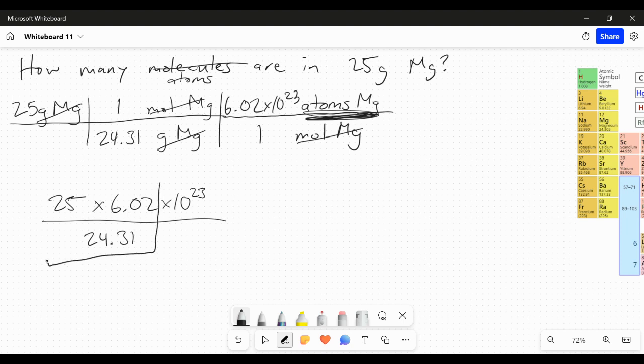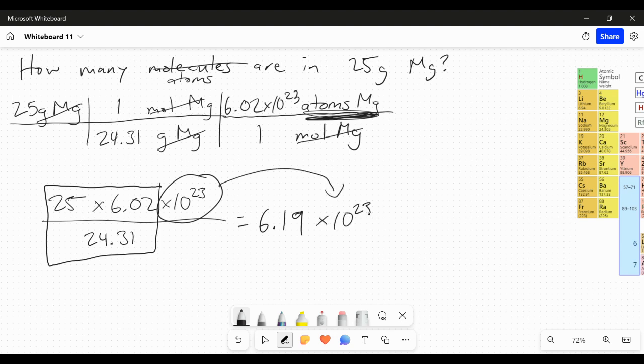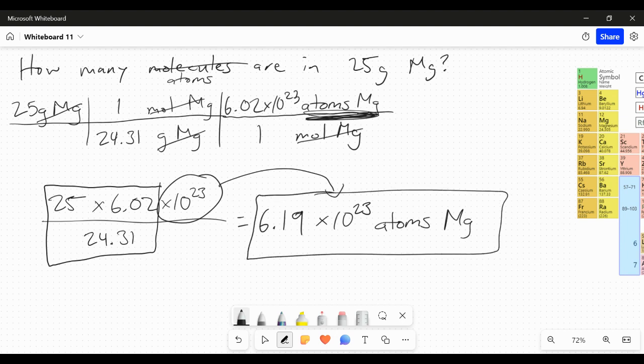I'm just going to put this piece into the calculator. 25 times 6.02 equals, divided by 24.31 equals 6.19. And then I need to bring my times 10 to the 23rd over. Check and see if this is in scientific notation. It is. So I'm just going to copy down my units now. Atoms of magnesium. Okay.